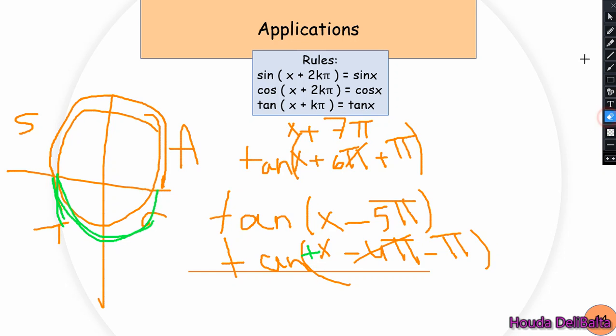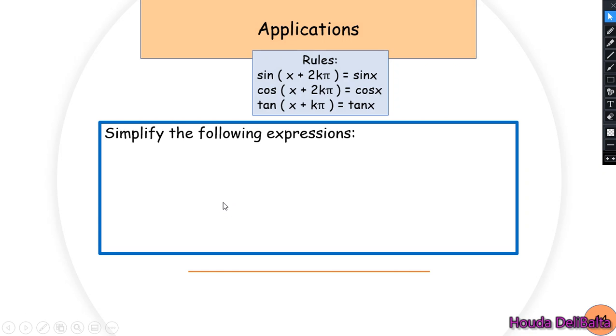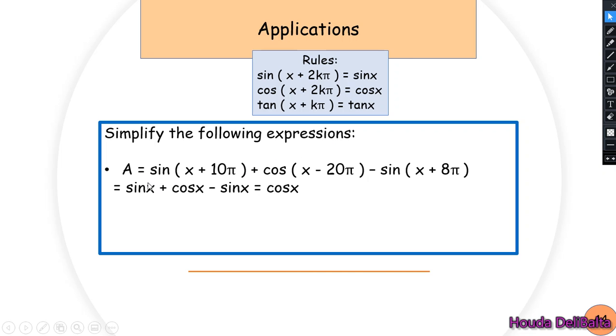And now let's start applications on rules. Here is the first expression to simplify. Usually the question is: simplify the following expressions, and here is A. A equals sine of x plus 10 pi plus cosine of x minus 20 pi plus sine of x plus 8 pi.